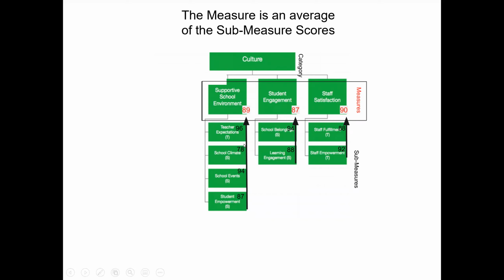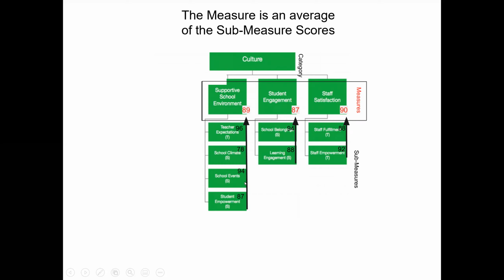So for instance, if we look at the submeasure of student empowerment, every question under student empowerment had an overall score. Those were all averaged to result in the 87 overall score. Then we can see moving up, school events had an overall average of 94, school climate 78, and teacher expectations 96.